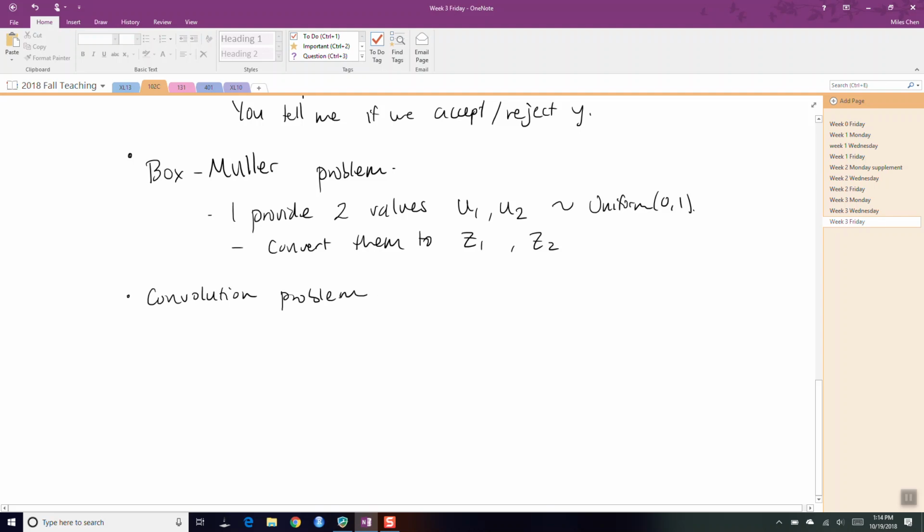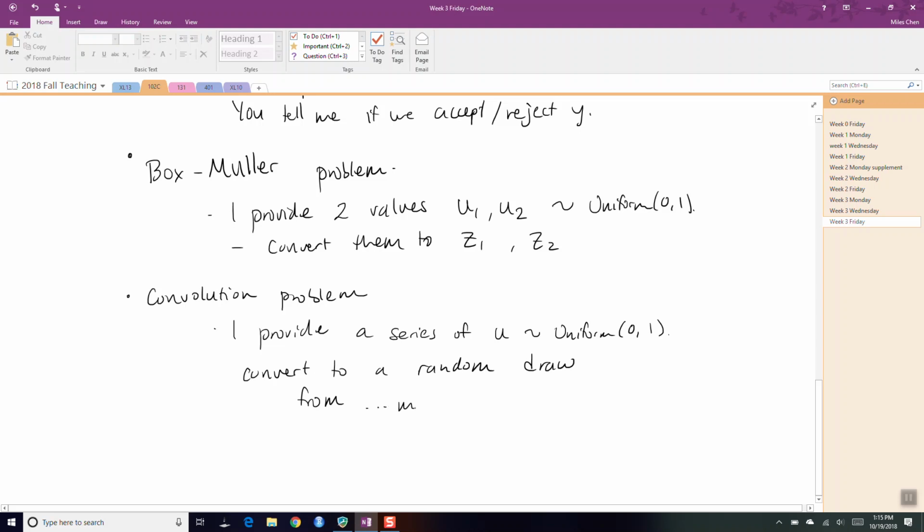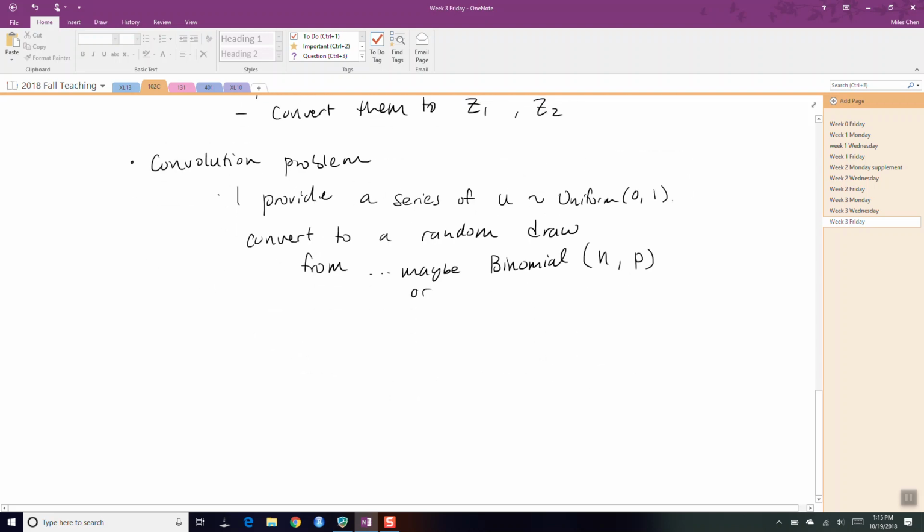Okay, or maybe a convolution problem. I provide a series of U's, drawn from uniform 0, 1, and then you convert to a random draw from, we'll say, binomial with n and p, or maybe a beta with the shape parameters a and b.